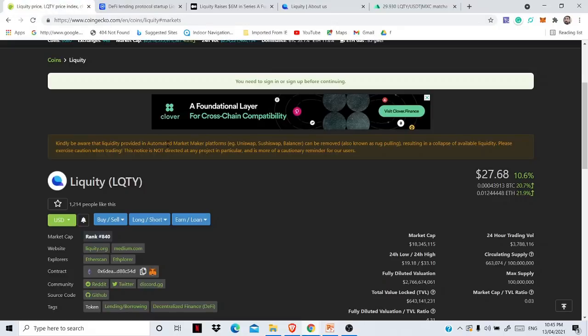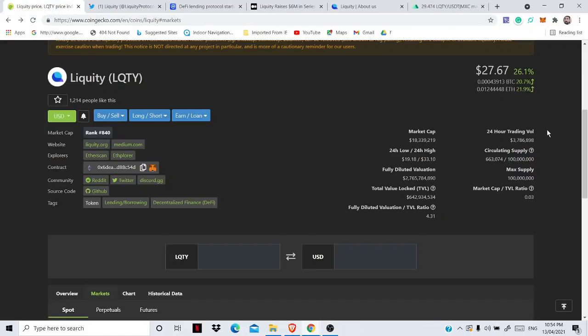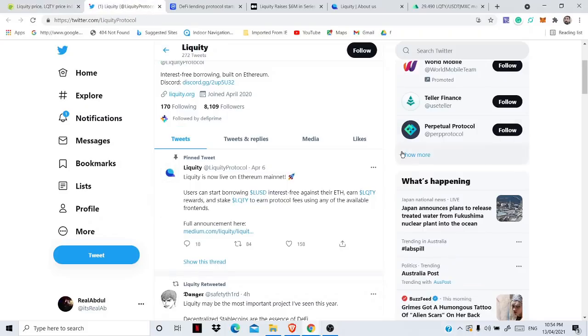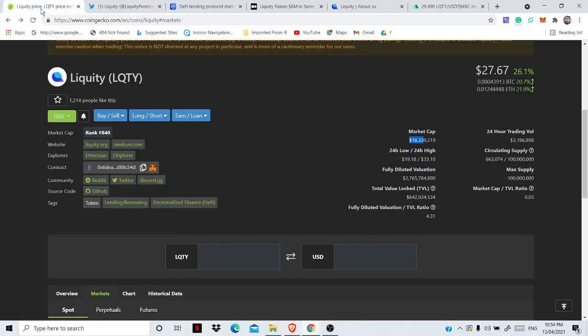Let's calculate the Liquity price prediction. The current market cap of Liquity is 18 million, and if we go into their Twitter feed, we can see the product is still live, working on Ethereum mainnet. So product is live, tech is really solid, team is really good, and narrative is quite in demand.